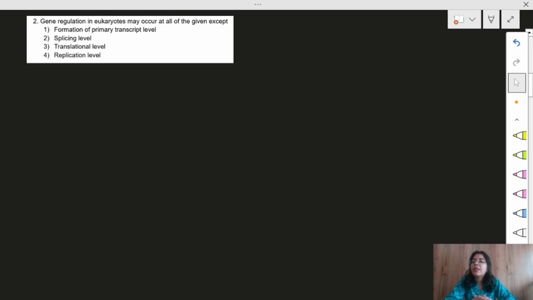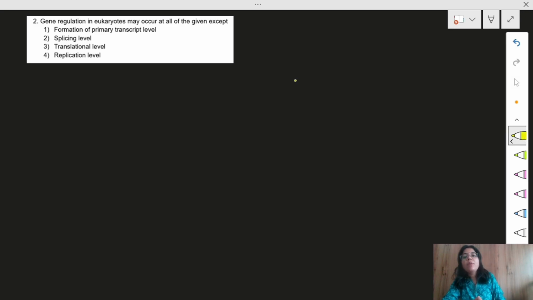Second question is asking that gene regulation in eukaryotes may occur at all the given except which level? First, you tell me what is the meaning of gene expression? Gene expression means protein synthesis.